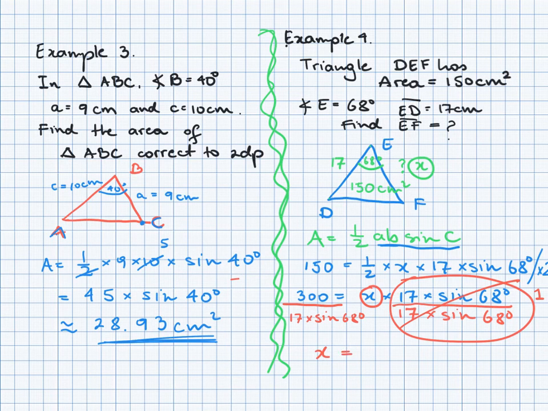I'm going to use the calculator: 300 divided by, I'm going to have brackets, I love including brackets, 17 times sin of 68, close the brackets, equal to approximately 19.3 centimeters.